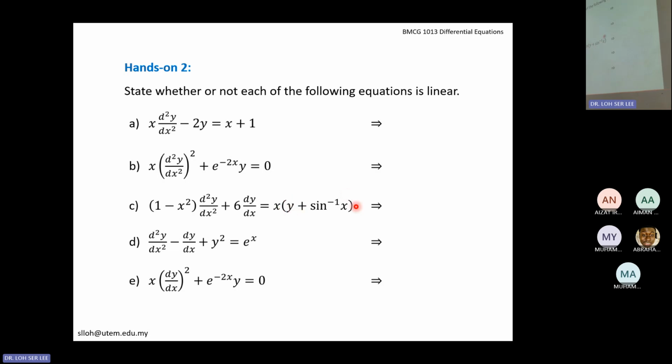This one you need to open the bracket. The xy you need to bring to the left, so that your right-hand side is x arcsine x. So x arcsine x is in x. So this is linear. Open the bracket, xy plus x arcsine x, and the xy will move to the left.